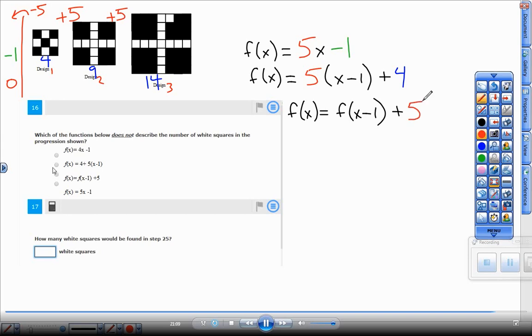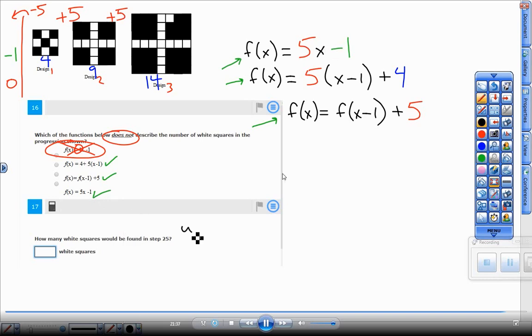And I can see right away this first one has the wrong number in front of x. That one does not describe the number of white squares. This one is this one right here in a different order. This one is the recursive form right here, and then this last one is 5x minus 1, the 0 term with d.